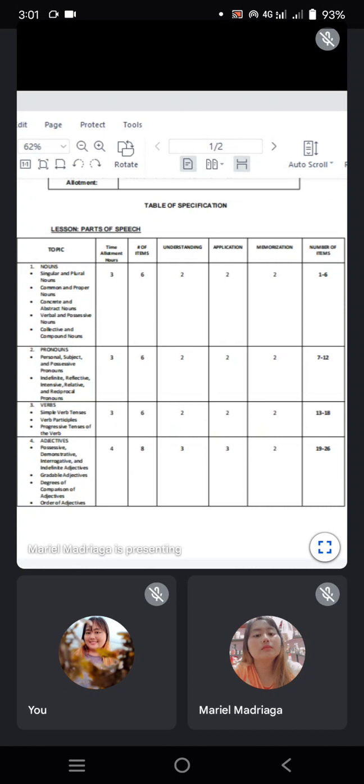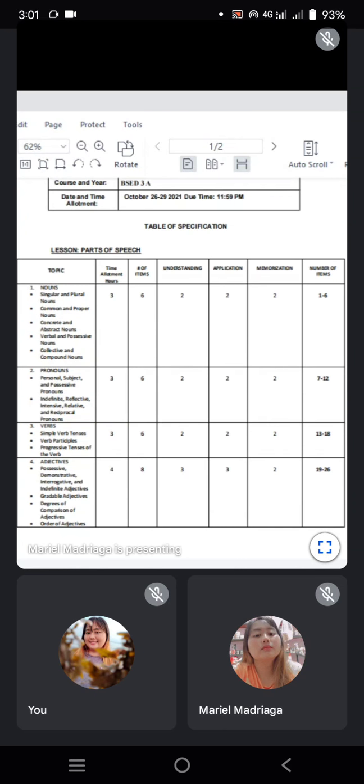Let's move to the time allotment hours. So how did I get the time allotment hours here? I have given 3 corresponding hours for the topic nouns that will be enough to discuss the said topics.